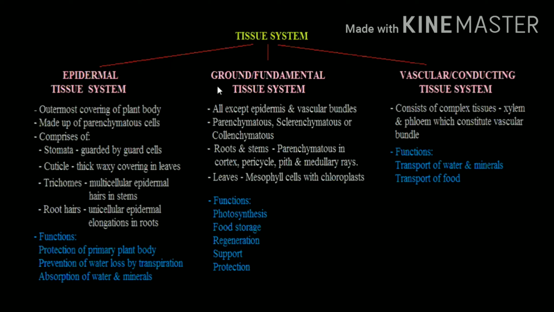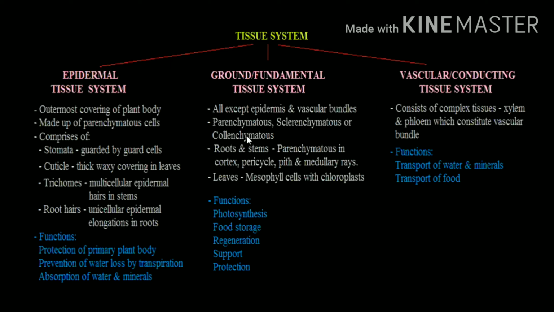Moving on to the second tissue system, the ground or fundamental tissue system, which is made up of all the components except epidermis and vascular bundles. Mostly the cells are parenchymatous, as well as sclerenchymatous and collenchymatous, depending on the location.